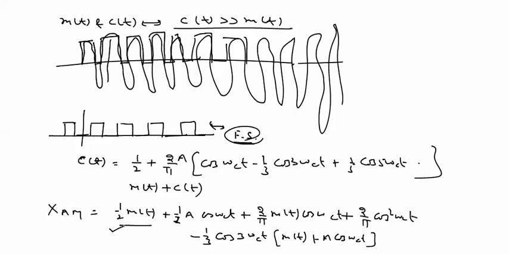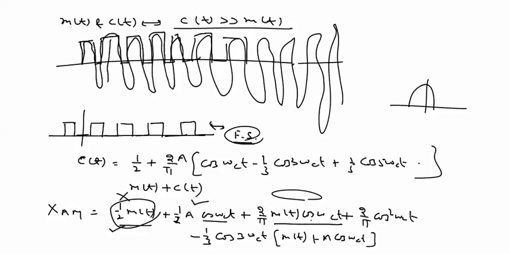This is the low frequency component, the original message signal, which is the baseband signal, which is not part of the band pass filter. It does not pass. This carrier component tuned at omega c always passes through the band pass filter. This is the multiplication between m(t) and c(t); it is the desirable component for us.